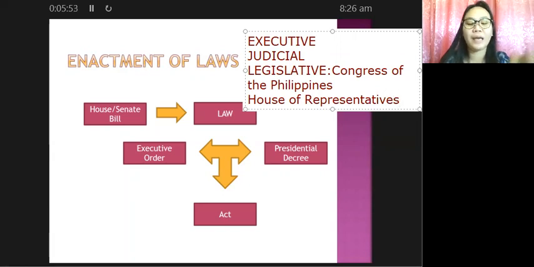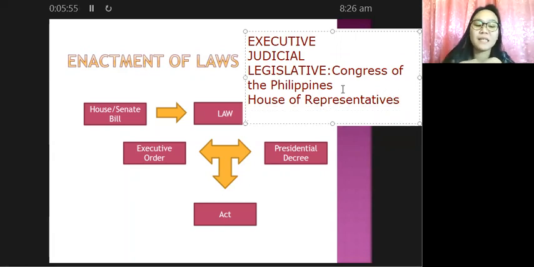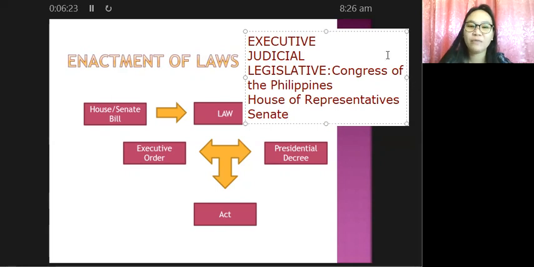The House of Representatives is composed of the different congressmen and congresswomen working in the lower chamber. Aside from the House of Representatives, we also have the upper house or upper chamber, which is the Senate of the Philippines.